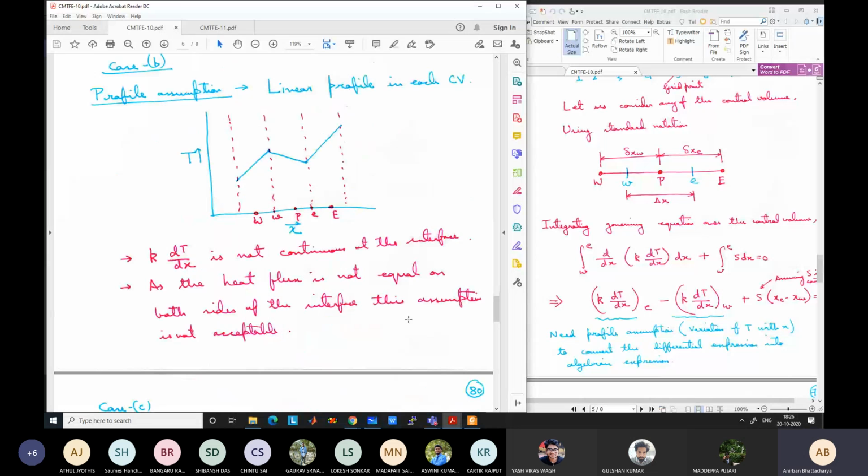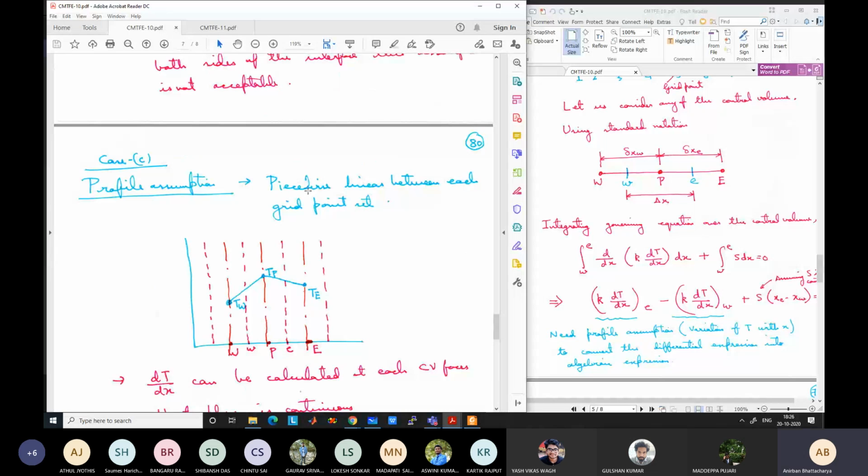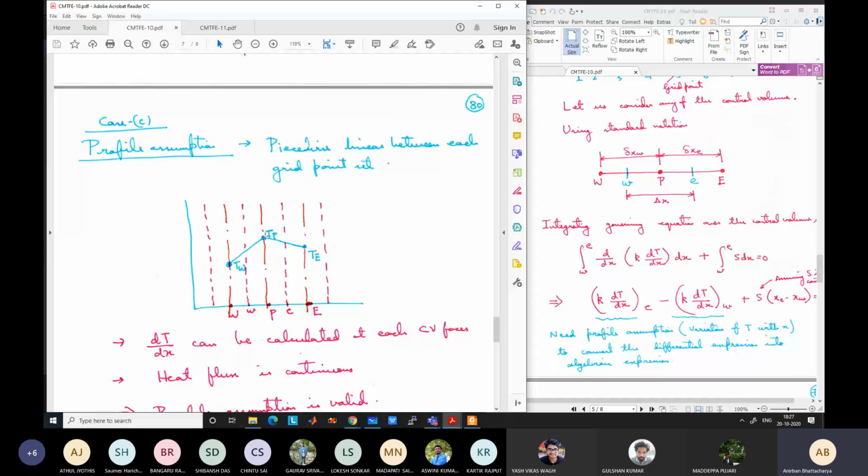The third assumption that we had taken in the previous class was a piecewise linear interpolation between each grid point. This is also piecewise linear. This is within the control volume, but now instead of control volume, the linearity is between one grid point and adjacent grid point.